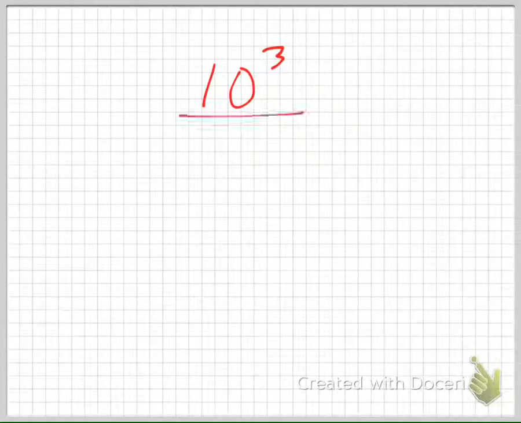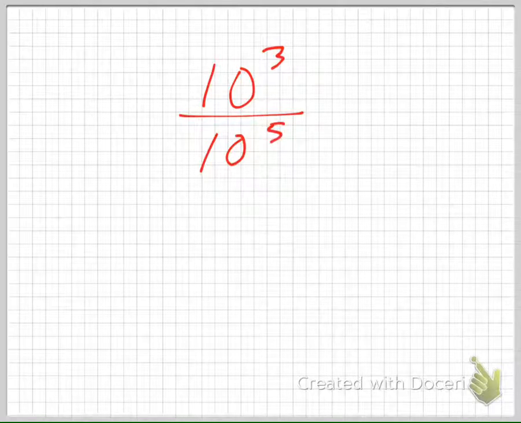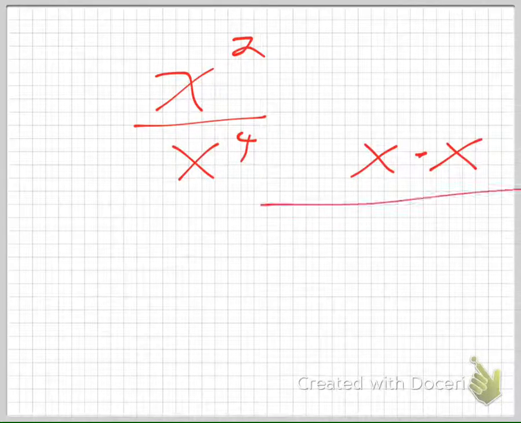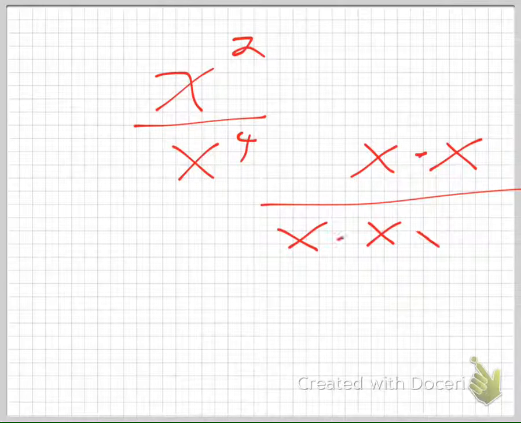Could you explain how you know what's on the bottom, what's on the top? Hold on. We'll do this. X to the second over X to the fourth. Okay. X times X over X times X times X times X. Agreed?